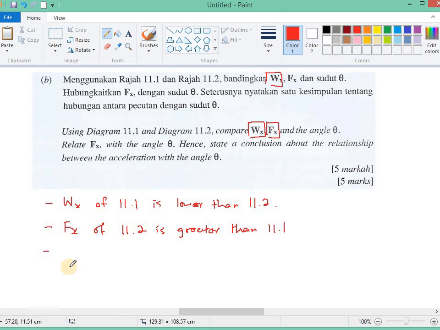After that is the angle. Theta of 11.1 is lower than 11.2.